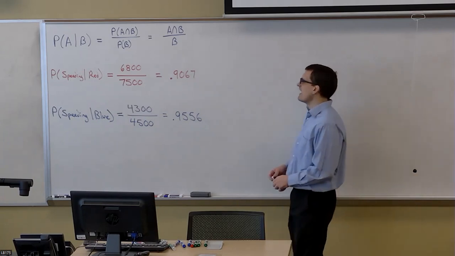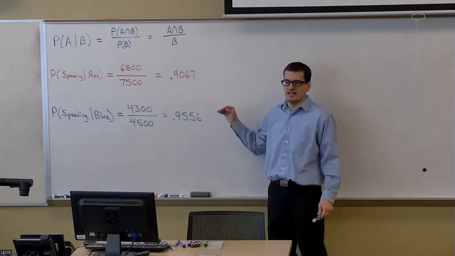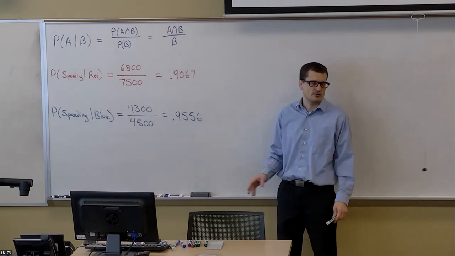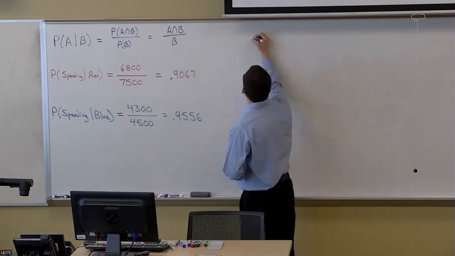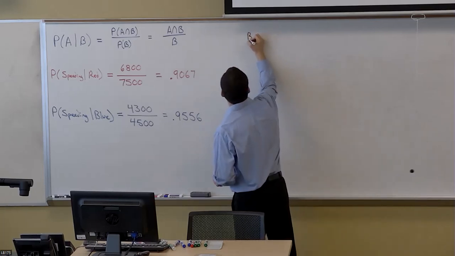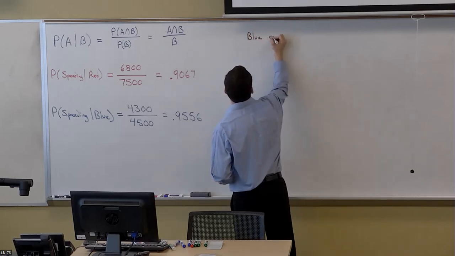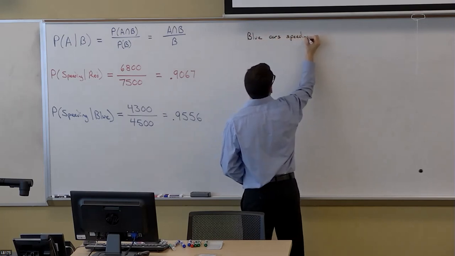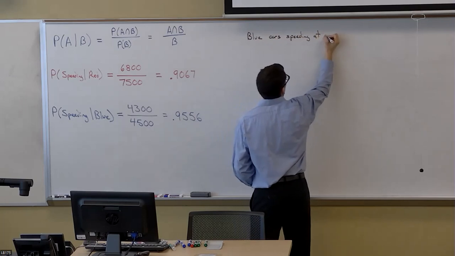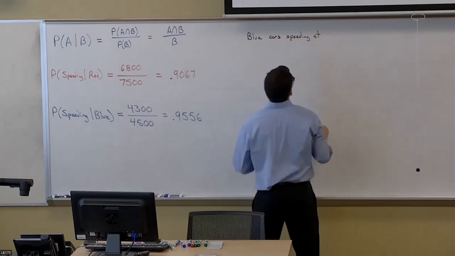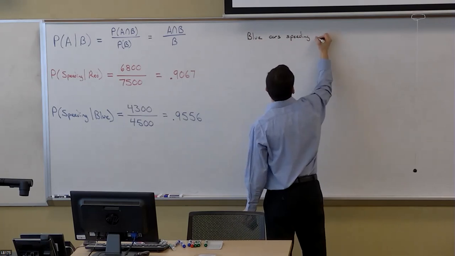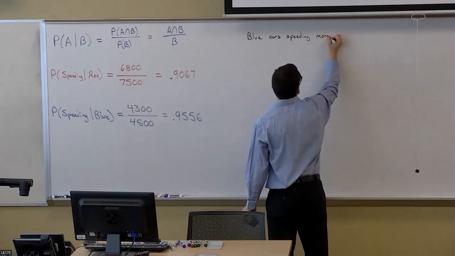And we see that these data show that the blue cars were speeding at a higher rate. Or I should say, to avoid confusion, blue cars were speeding more often.